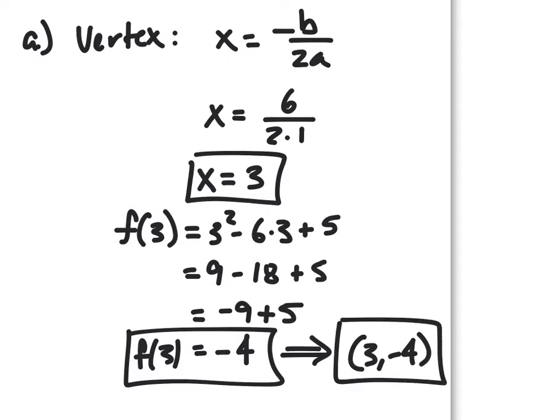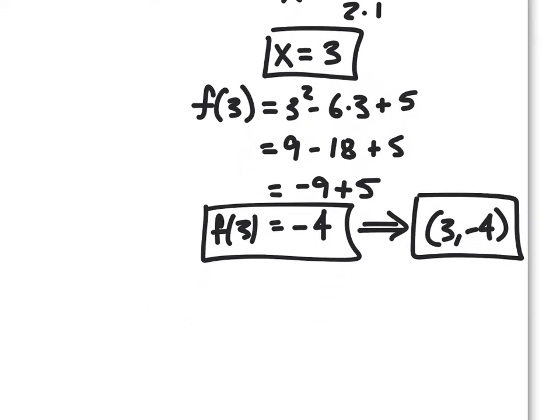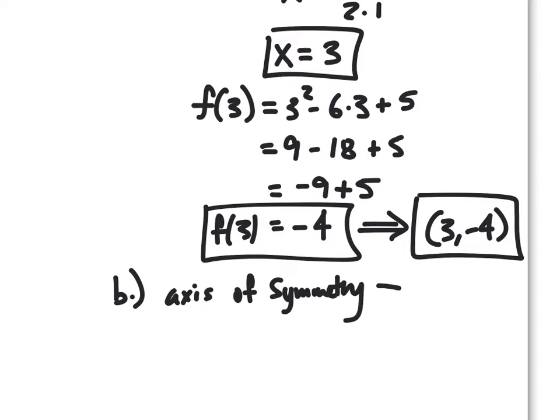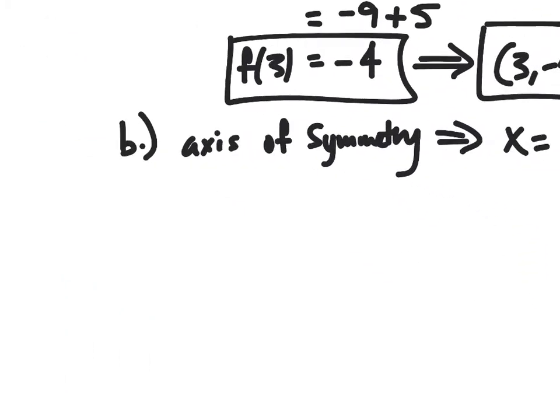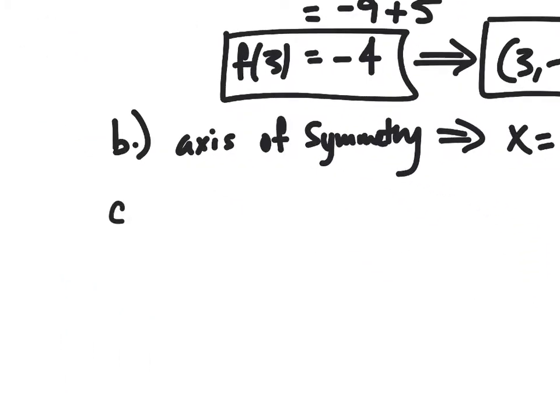Now my axis of symmetry, part B, is simply the line x equals 3. So that's that. Now the next part, part C, find the x-intercepts if any. So I'm going to set my whole thing equal to 0, so I've got x squared minus 6x plus 5.